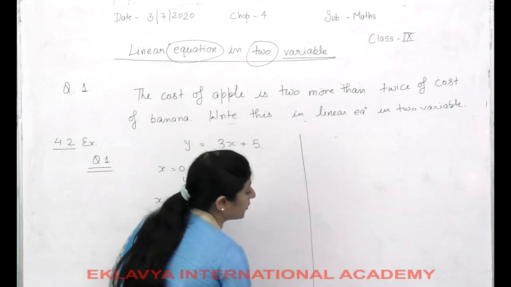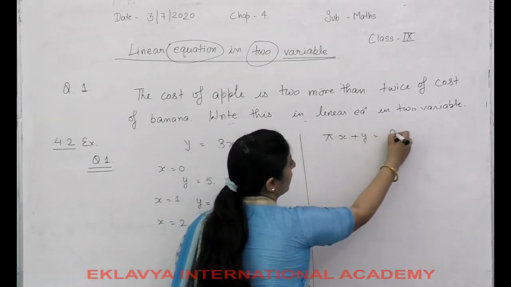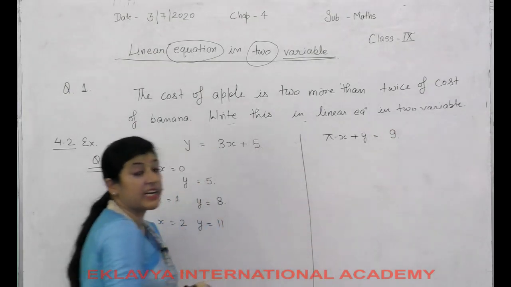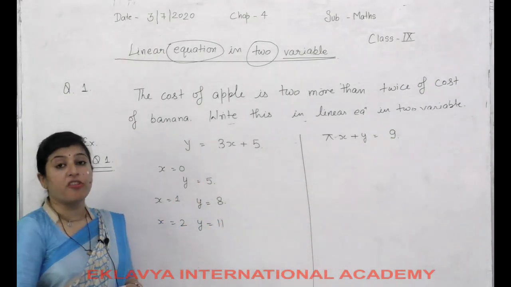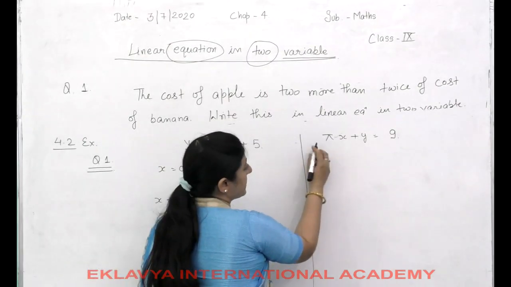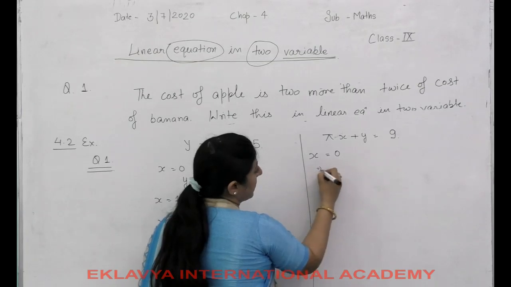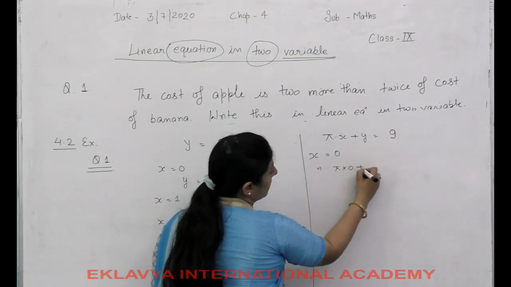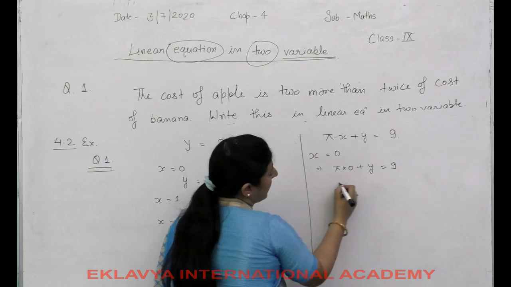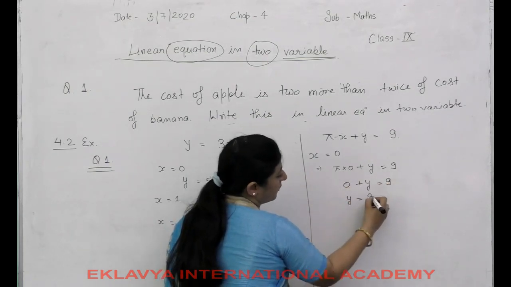It is given to you pi x plus y is equal to 9. Find four solutions for it. We will follow the same steps. Firstly put x is equal to 0, then pi into 0 plus y is equal to 9, so y is equal to 9.